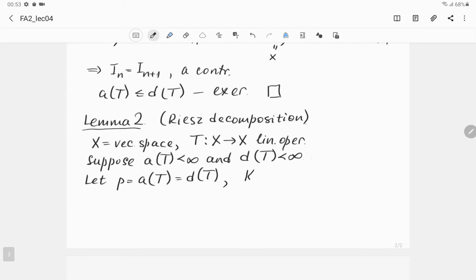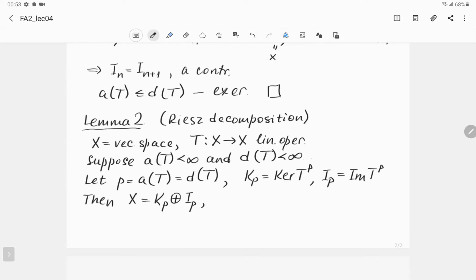So let K_p denote the kernel of T to the power p, and let I_p denote the image of T to the power p. I claim that in this case, X decomposes as the direct sum of K_p plus I_p.